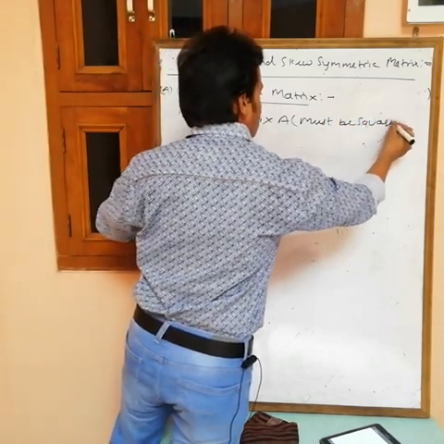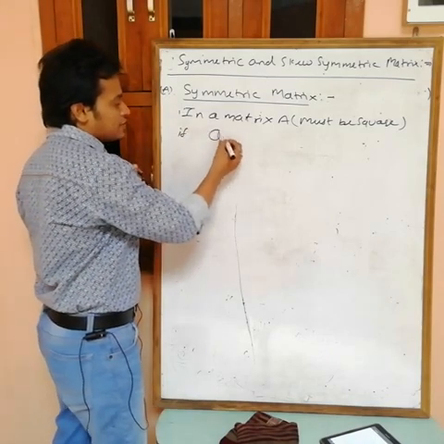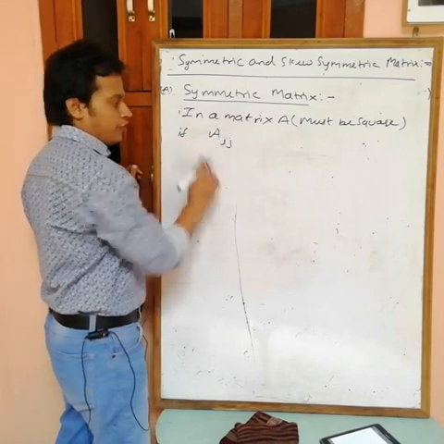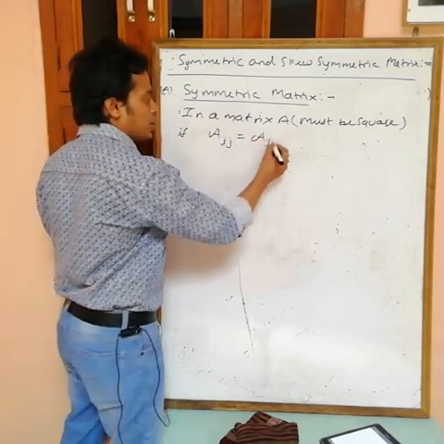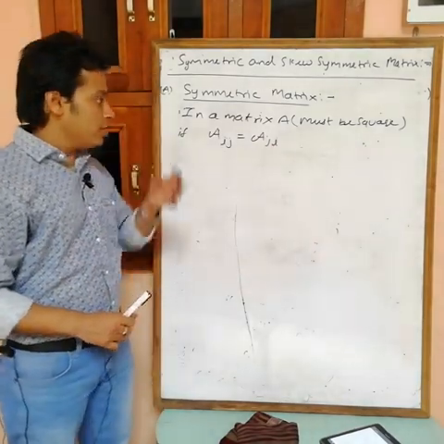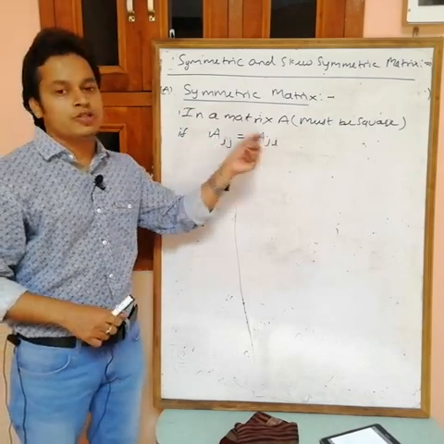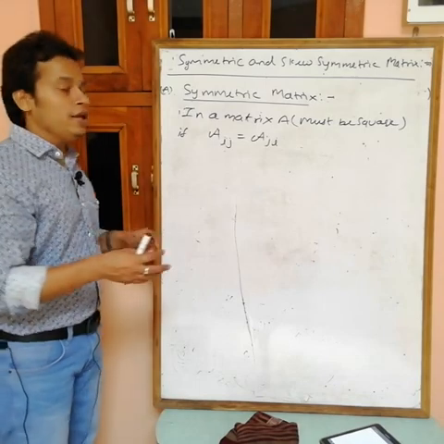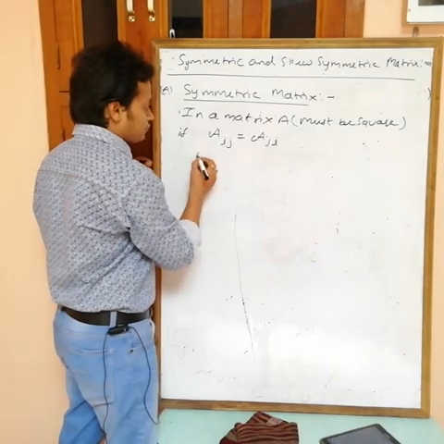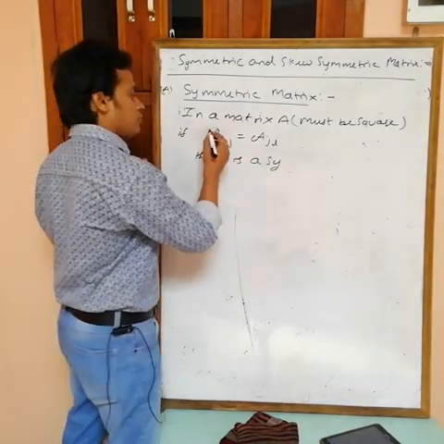In a matrix A, if the ijth element of A is equal to the jith element, suppose we have a square matrix A such that the ijth element is equal to the jith element, then A is said to be a symmetric matrix.